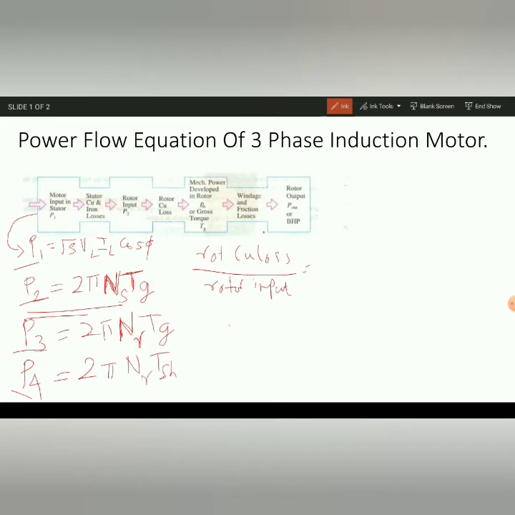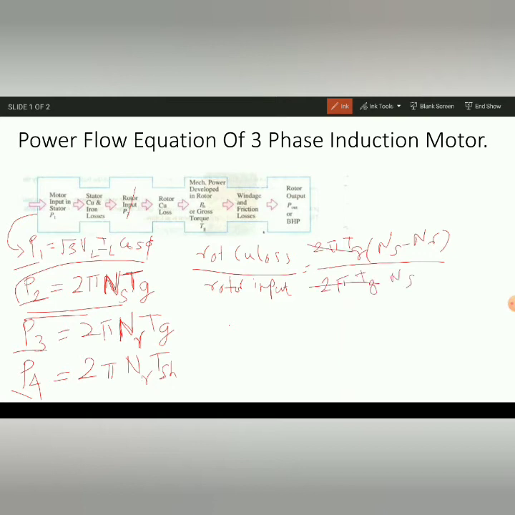Previously we found the rotor copper loss, that is 2 pi Tg ns minus nr, divided by the rotor input. Rotor input is P2, and we know P2 is 2 pi Tg ns.